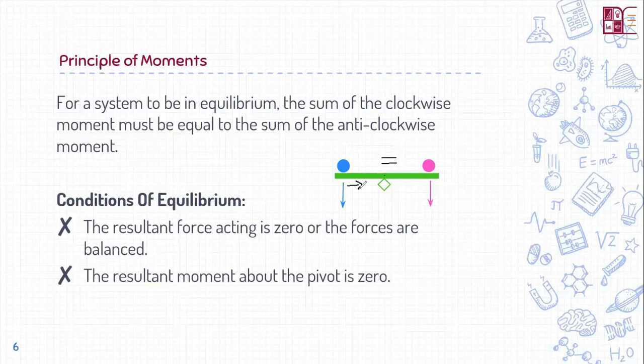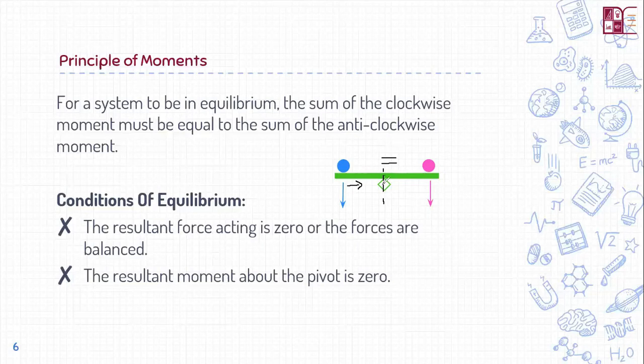The center of gravity of an object is defined as a point through which its whole weight appears to act for any orientation of the object. Now in this case, the pivot is by the center line of the beam. So the weight is acting right at the pivot.